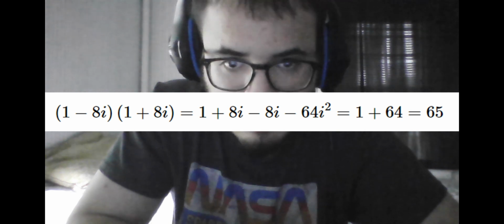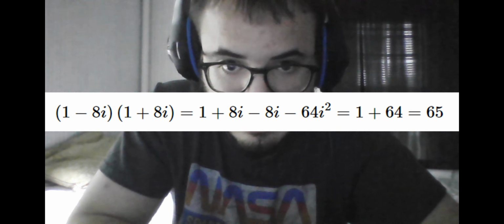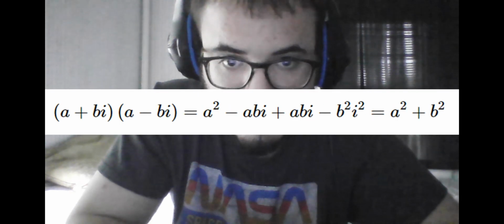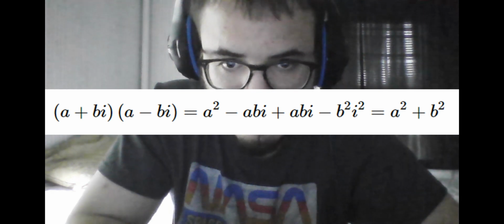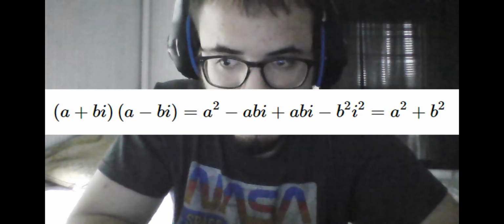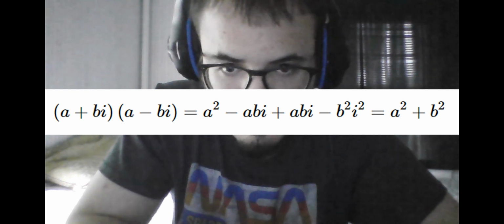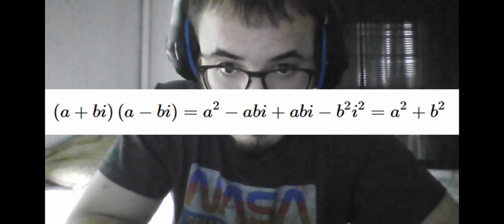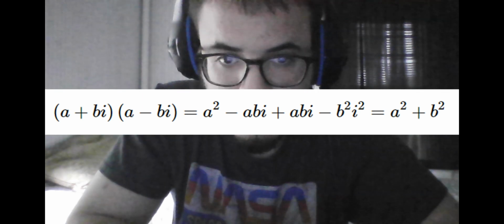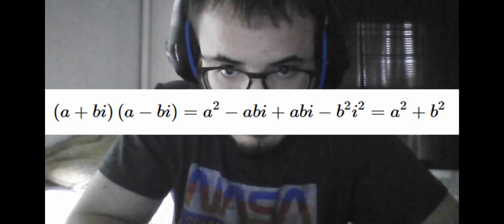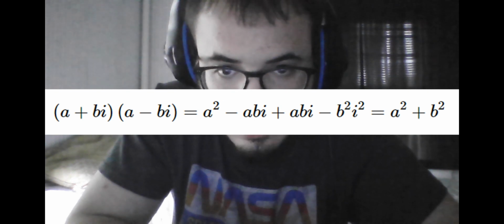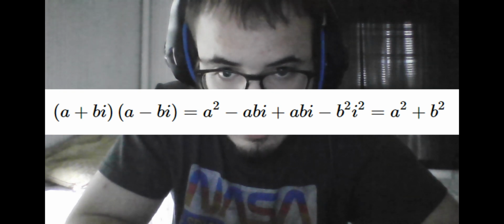So we can derive a more general formula or pattern: a plus b times i, times a minus b times i, is a squared minus a times b times i plus a times b times i, which cancels each other out, minus b squared times i squared, and b squared times i squared times negative 1 is positive, as the negatives multiply and cancel out.